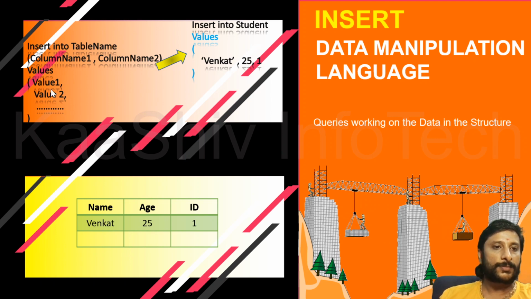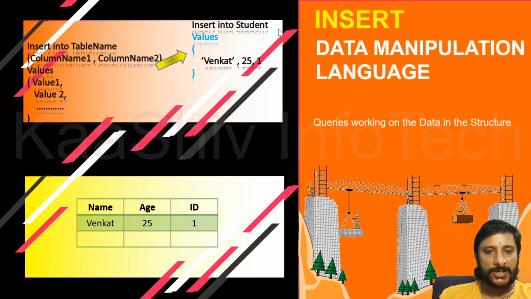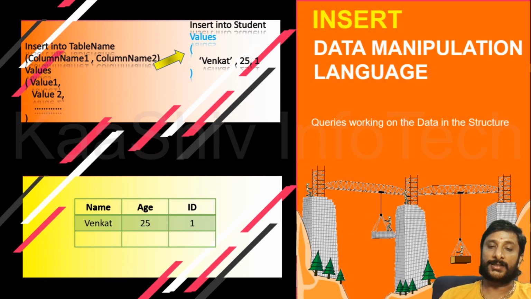If you don't want to specify the columns, you can do that too. Insert into table, you can specify the columns in brackets: name, age, ID, or no need. Values Venkat, age 25, and the ID is 1. This is how you insert the data.